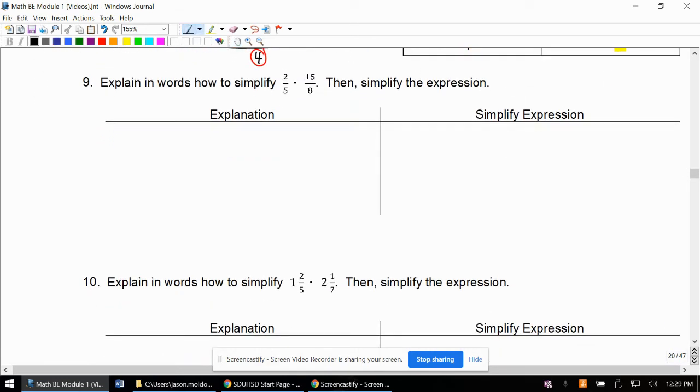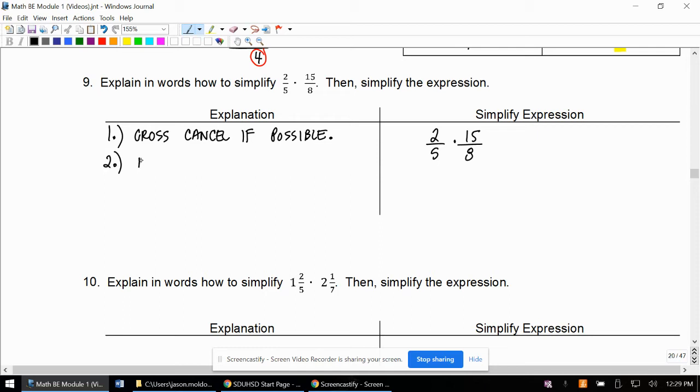We're going to describe the steps for multiplying 2/5 times 15/8. So step number 1 is to cross cancel if possible. Or if you choose to cross cancel, I think it is a great first step.